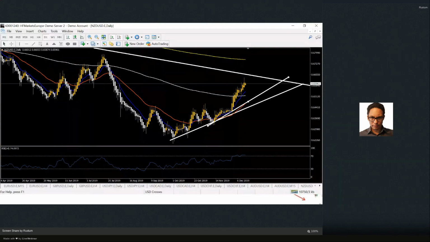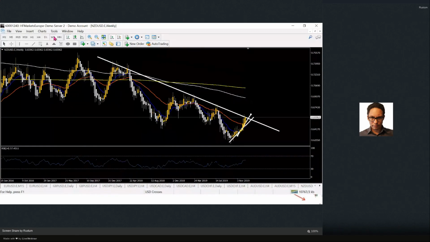Right, we're on this New Zealand dollar versus the United States dollar. So whatever it's doing on the weekly, we can see this thing is going down. We have it underneath all these EMAs, and there's a confirmed trend line. And we can see the amount of time it's been spending here.